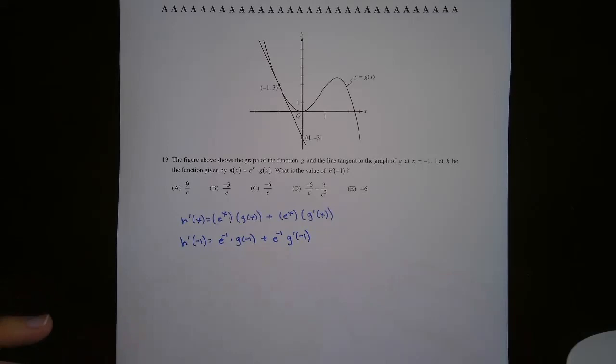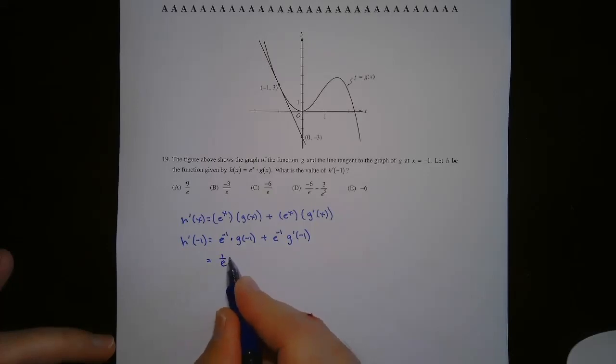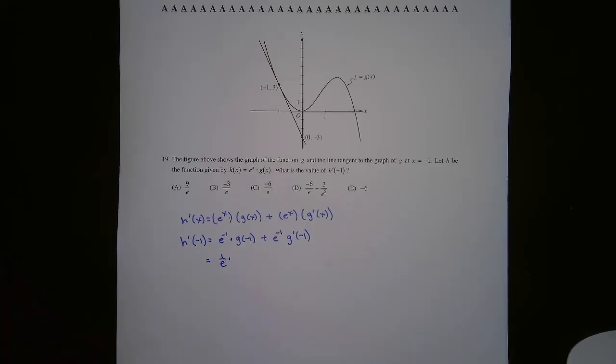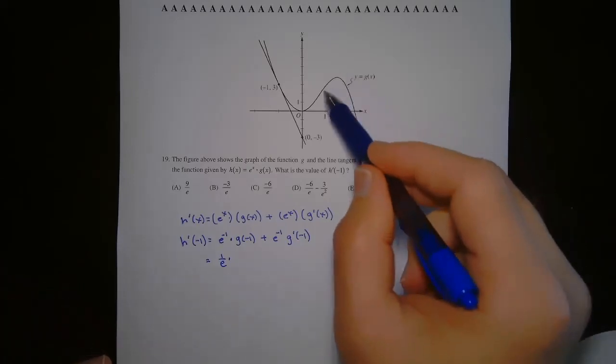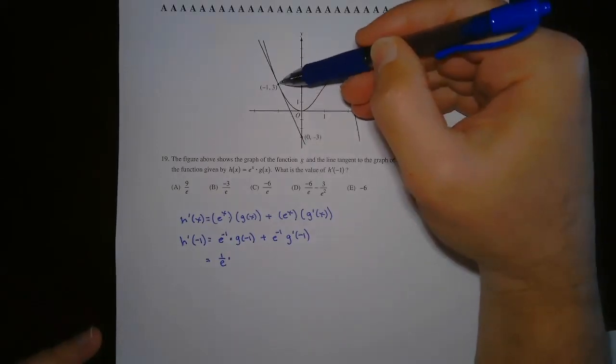So e to the -1 is 1 over e. This is 1 over e times g of -1. Now we're going to use the graph, because this is the graph of g, and we know that at -1, g is 3.